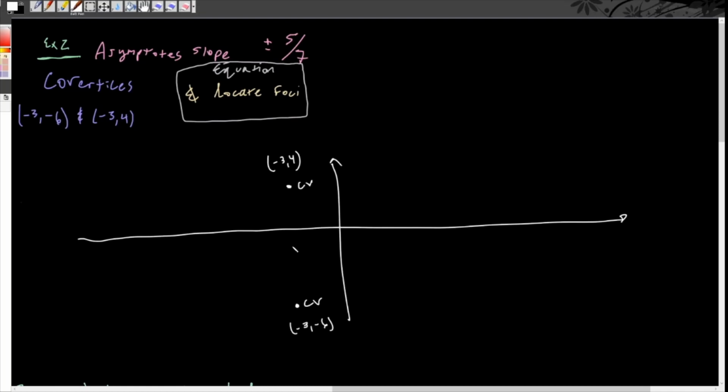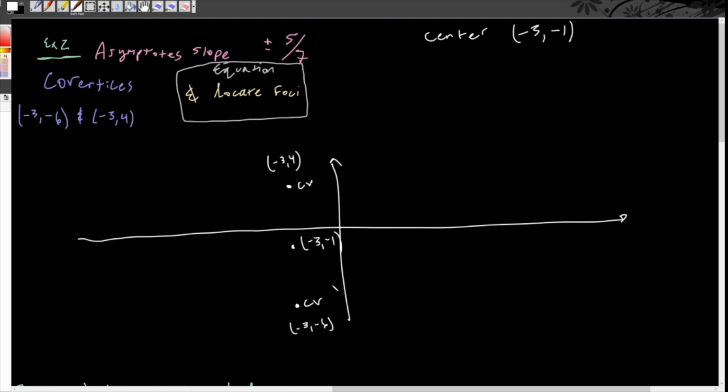So the center will be directly between them. That's (-3, -1). I just average 4 and -6 to get -1. So the center is (-3, -1).